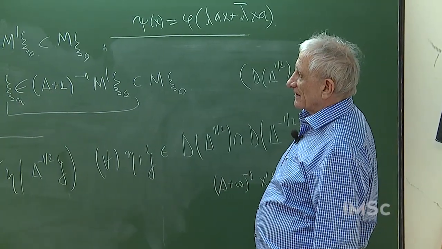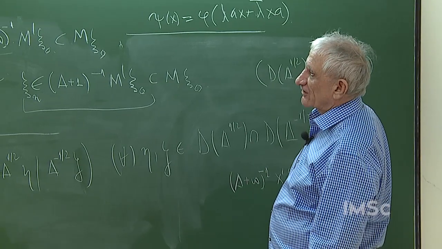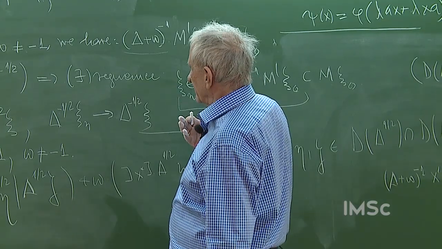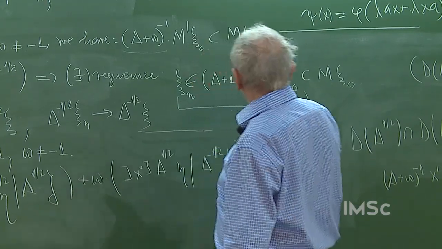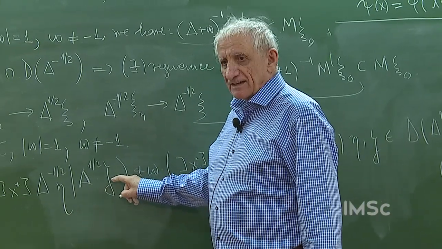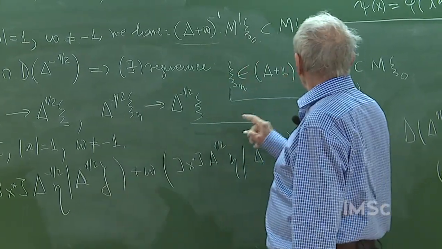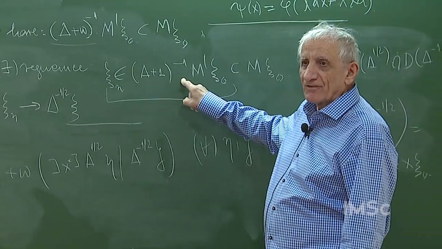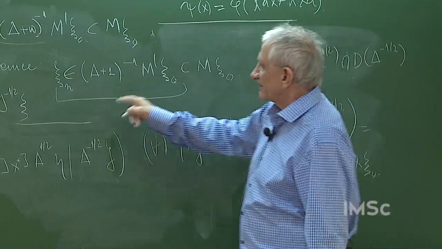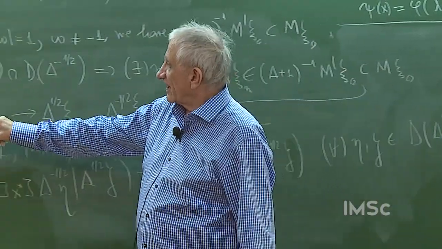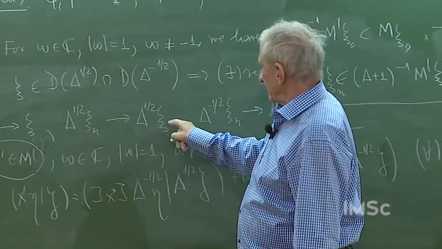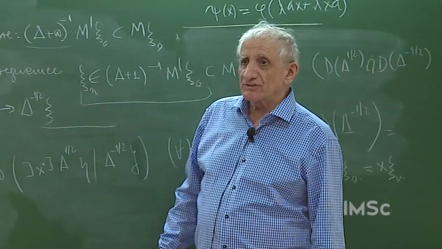Now, I can erase the third lemma in here, because this means simply that instead of eta and zeta, I can consider elements from here, right? Because they approximate everything. Xi tends to xi, delta 1/2 of xi tends to this, and this tends to this.